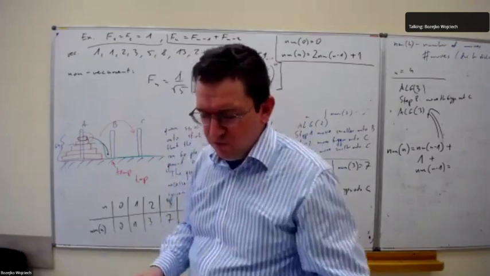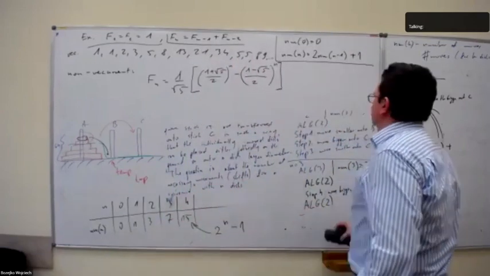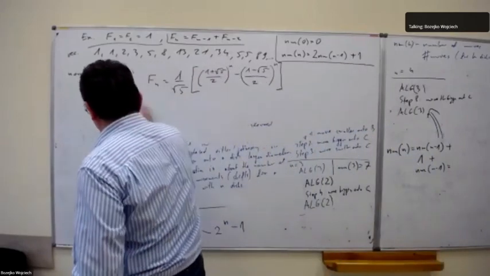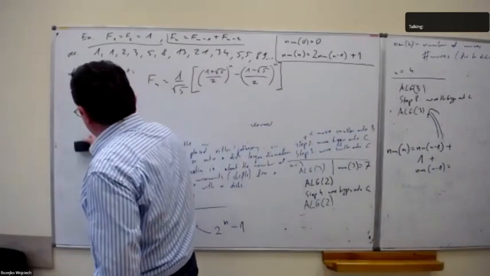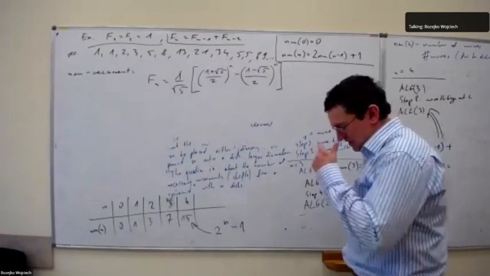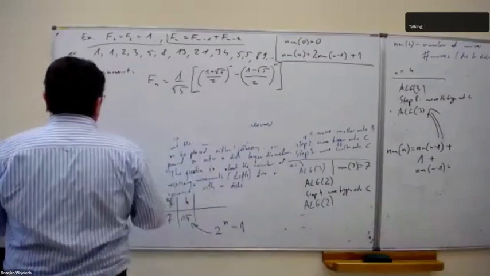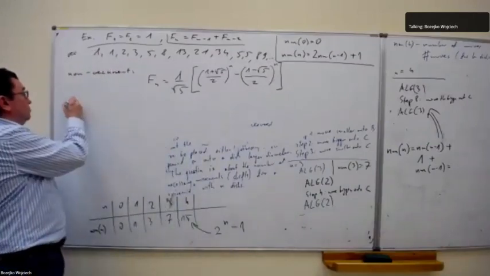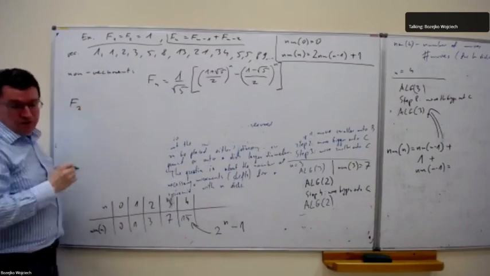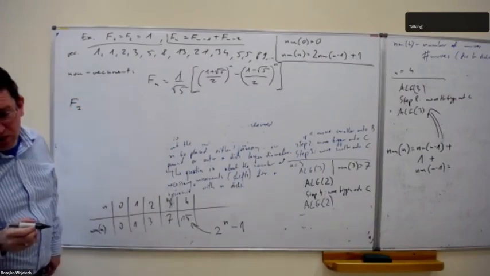Let us try for a moment to check if it works, because for me this is a kind of magic. If we have such a formulation, let's try to find out what it gives for n equals 2.